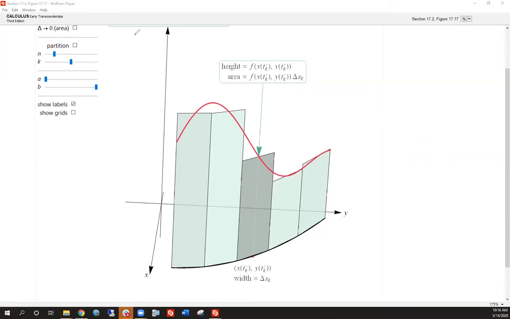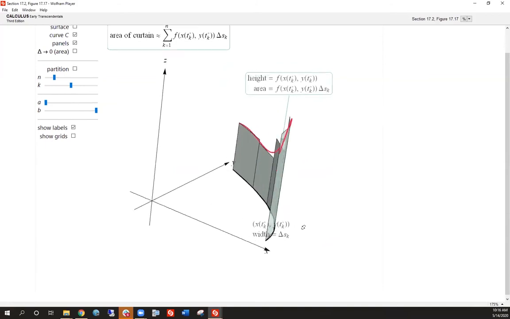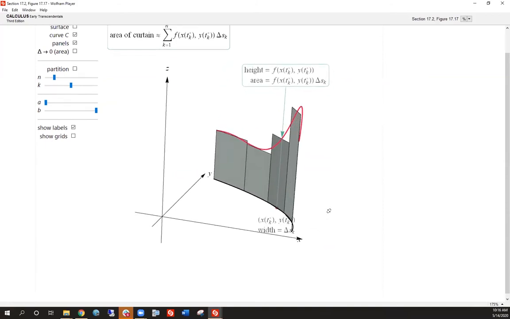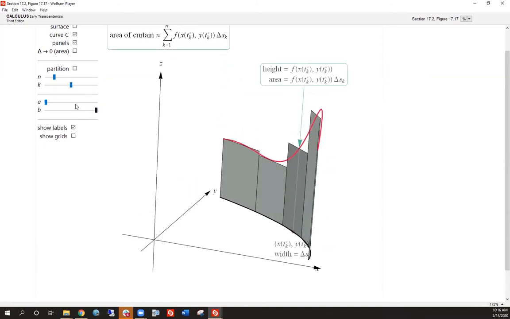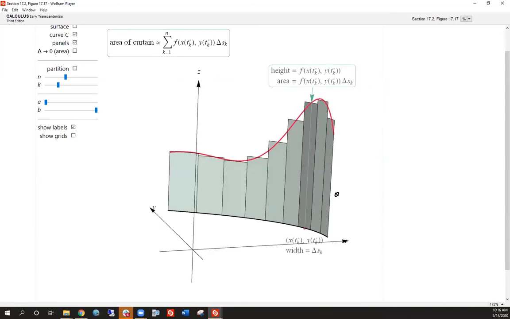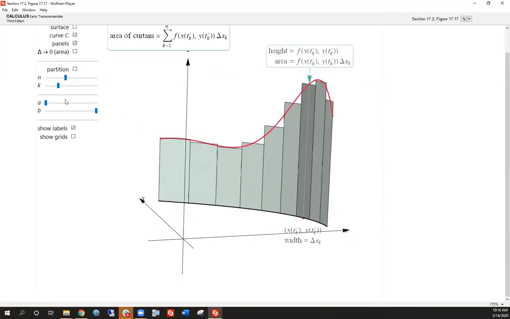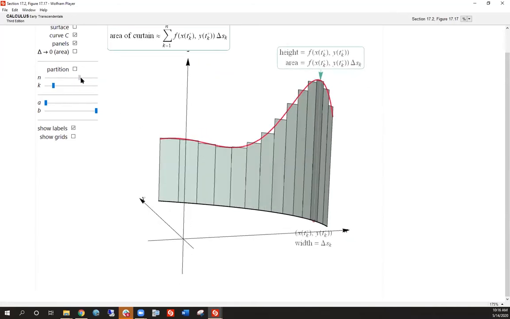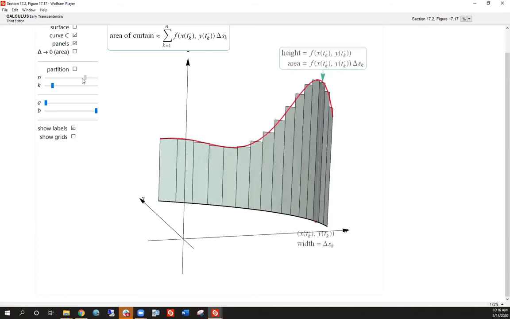Okay, so if we want to calculate this area, then we could simply increase the number of partitions, right? And so more rectangles is going to give me a more accurate approximation. We've done this many, many times.